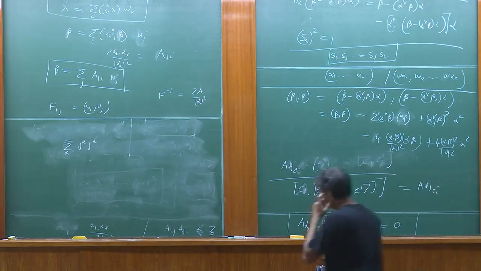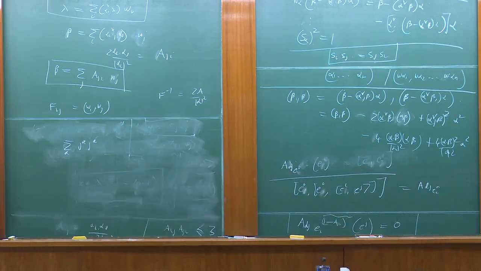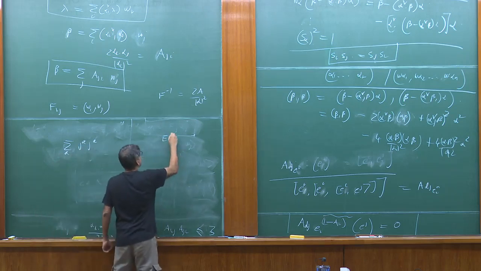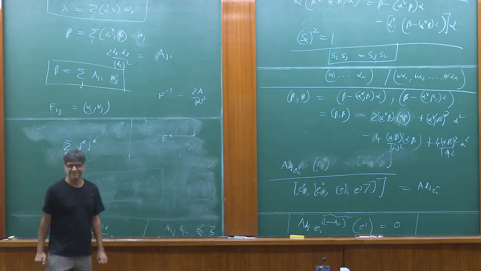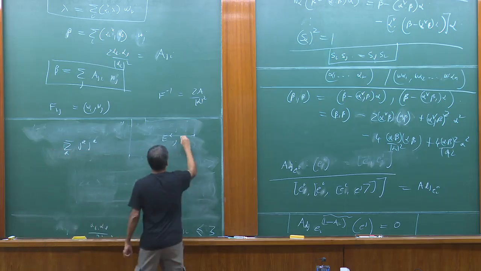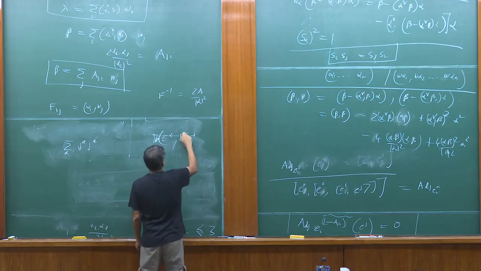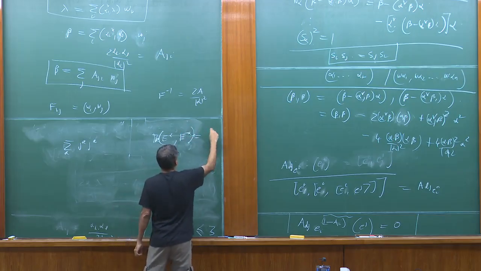But we had normalized our E_alphas not to be 1, but we had chosen the normalization of E_alpha, E_minus alpha to be 2 by mod alpha squared.